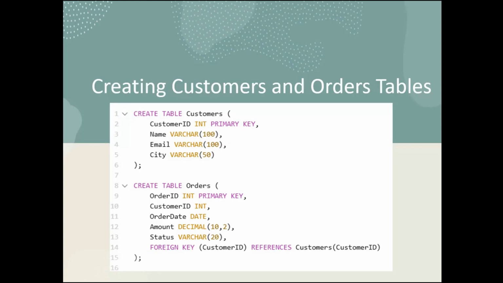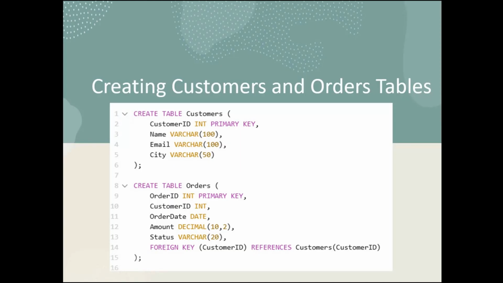We will create two tables: the customers table containing customer ID, name, email, and city of the customer. And another table, which is the orders. We have order ID as the primary key, and customer ID, because we need to connect these two tables together.